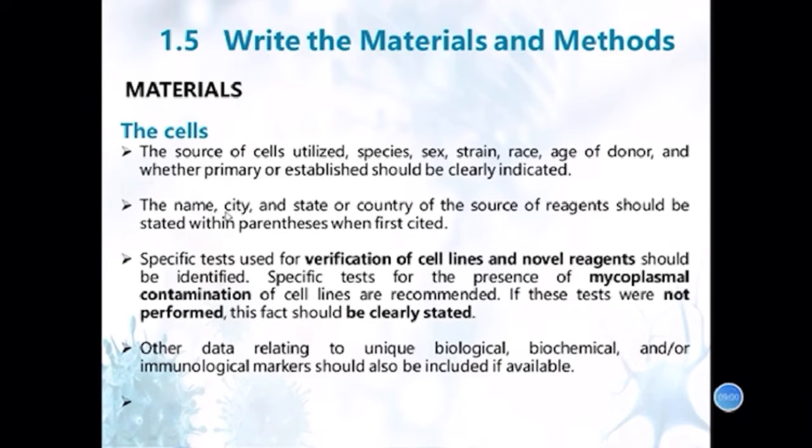The name, city, and state or country of the source of the reagent should be stated when first cited. Specific tests used for verification of cell lines or novel reagents should be identified. Specific tests for the presence of mycoplasma contamination of cell lines are recommended.